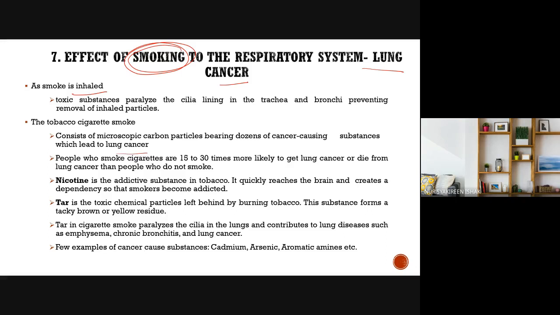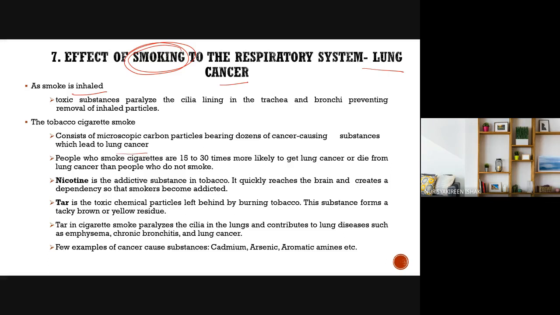Tar is the toxic chemical particles left behind by burning tobacco. This substance forms a tacky brown or yellow residue in the lung, in your alveoli. Tar in the cigarette smoke paralyzes cilia in the lungs and contributes to lung diseases such as emphysema, chronic bronchitis, and also lung cancer.